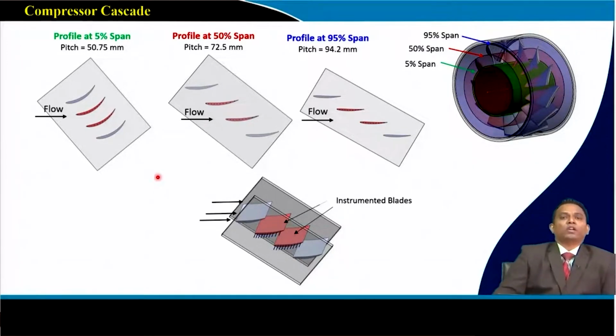During the initial stage of development of axial flow compressors and axial flow turbines, people did a whole lot of experimentation with different kinds of aerofoils. Some of them we have already discussed: subsonic aerofoils, transonic aerofoils.